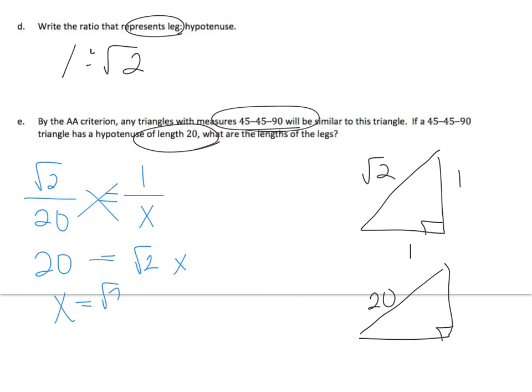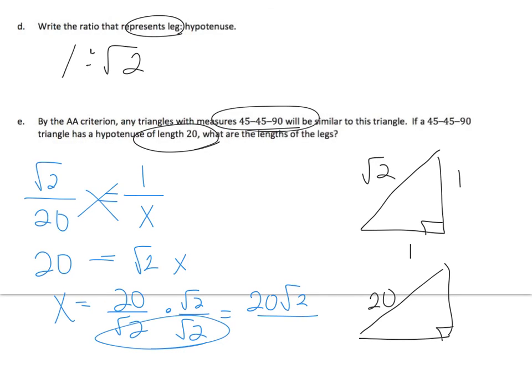X equals 20 over the square root of 2, which we will have to rationalize. I multiply by square root of 2 over square root of 2. So 20 square roots of 2 over, this simplifies to square root of 4, which is 2. 10 square roots of 2. Very fun.